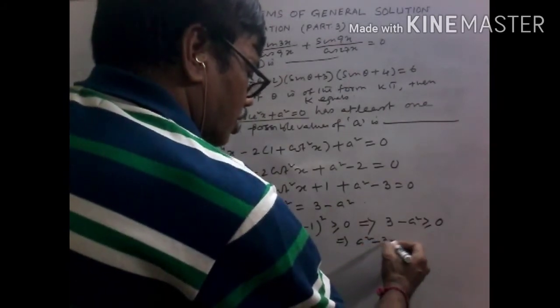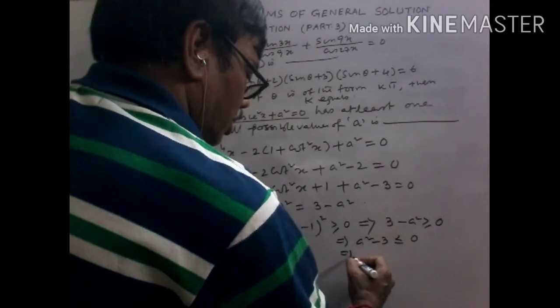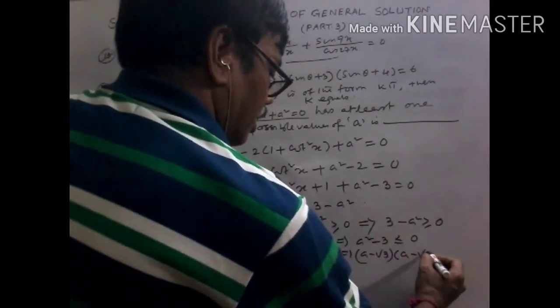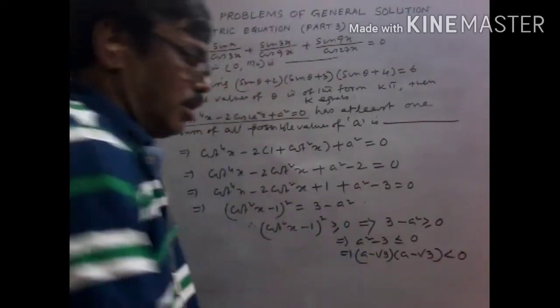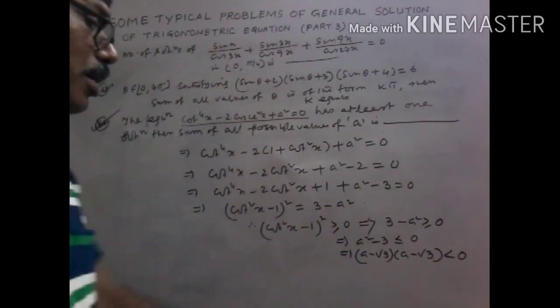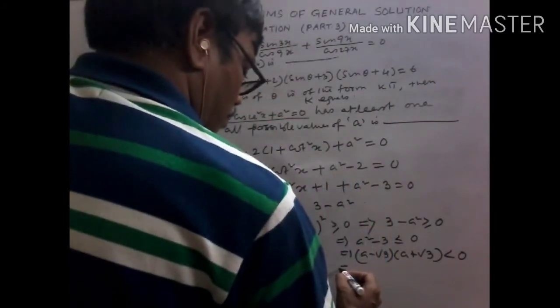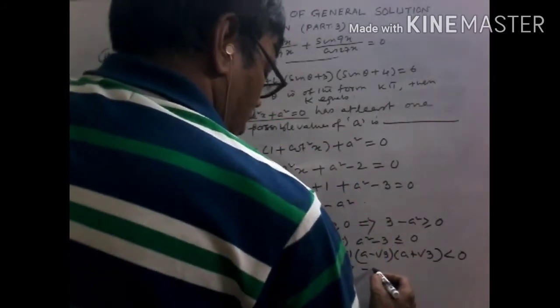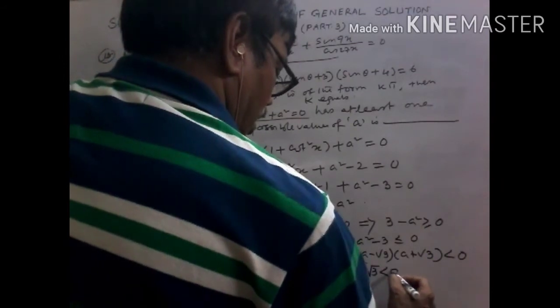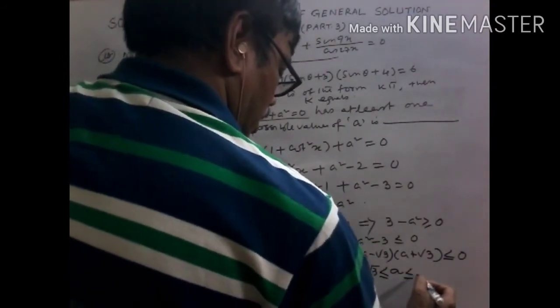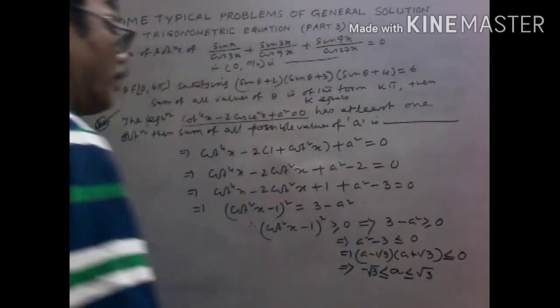So a square minus 3 less than or equal to 0. This is problem of quadratic inequations. So a minus root 3 into a plus root 3 less than or equal to 0. So a belongs to minus root 3 less than or equal to a, less than or equal to root 3.